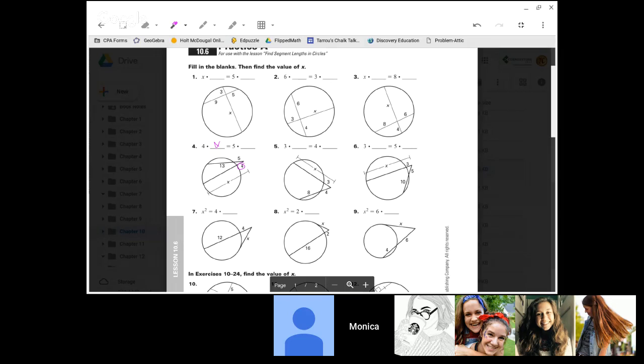Okay. So that's 18 because 5 plus 13 is 18. So now when you multiply that, you're going to have 4x equals, what's 5 times 18?